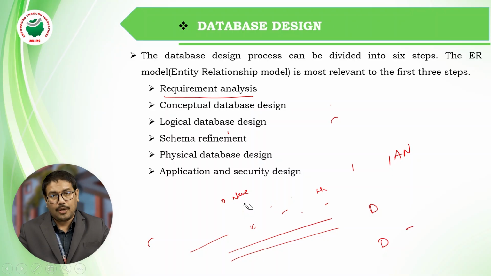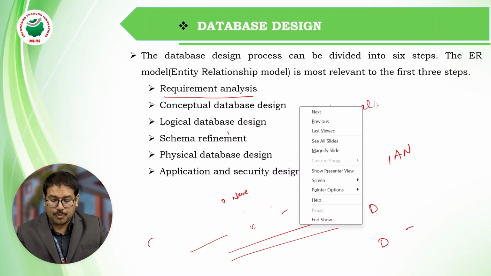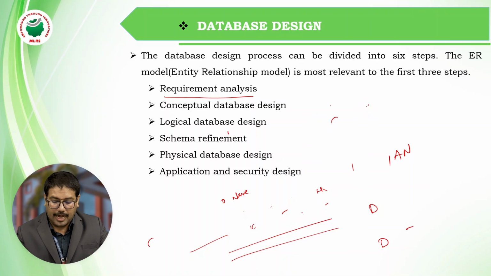So you have to take care of the requirement. Complete requirement analysis means what are the attributes we need to develop, what are the attributes we need to consider. And for every attribute we need to take care of some constraints. What is a constraint?